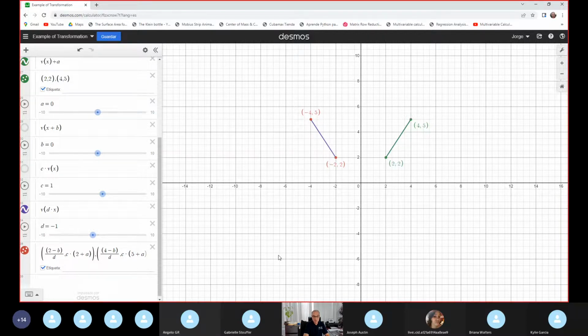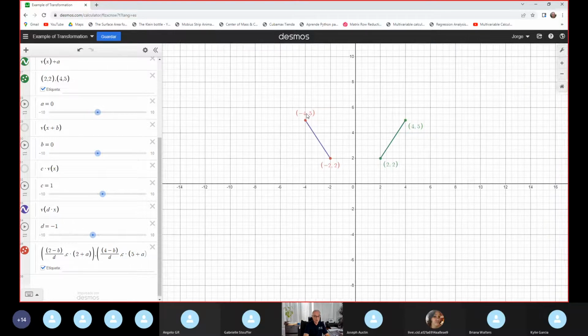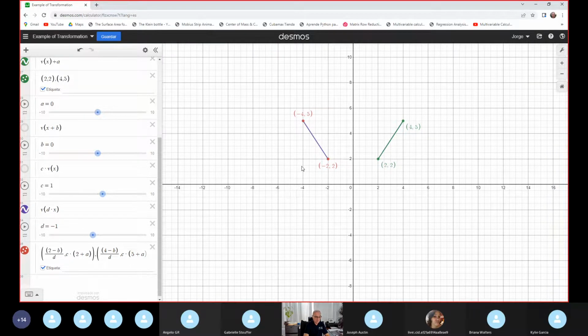Because you see the effect: the y value stays the same. Look, 2, 2, 5, 5. However, the x value has the same absolute value but the opposite sign. Entonces, 2 is transformed into -2, and 4 is transformed into -4. Now, is this idea super clear or super confusing?